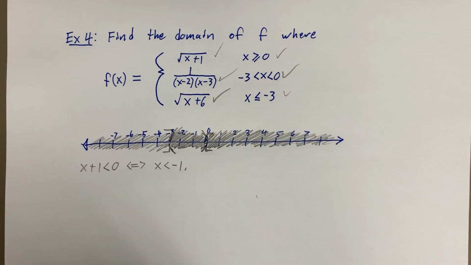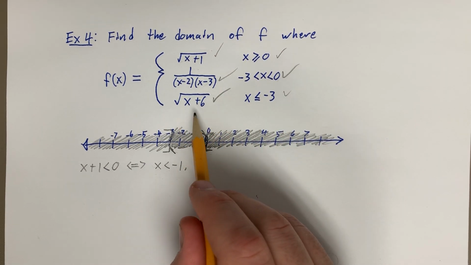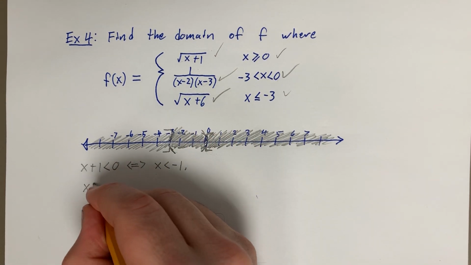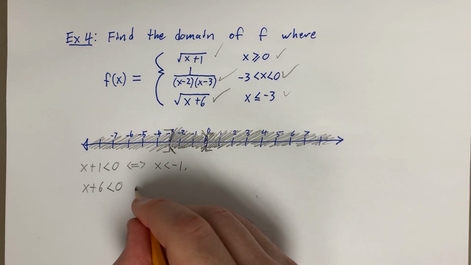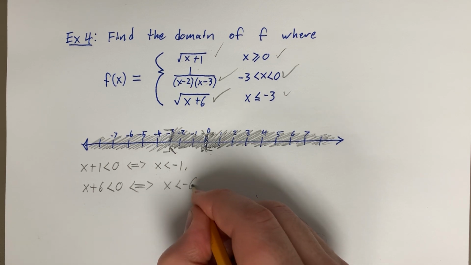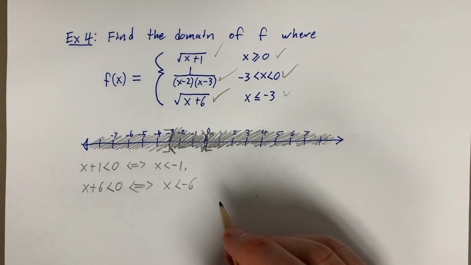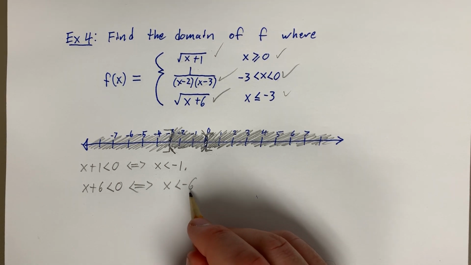Let's handle this third case here. When are we going to get a square root of a negative number? Well, that's going to be when x plus 6 is less than 0. But that happens if and only if x is less than minus 6. All I did was subtract 6 from both sides of this inequality. So that means whenever x is less than minus 6, I'm going to have square roots of negative numbers.